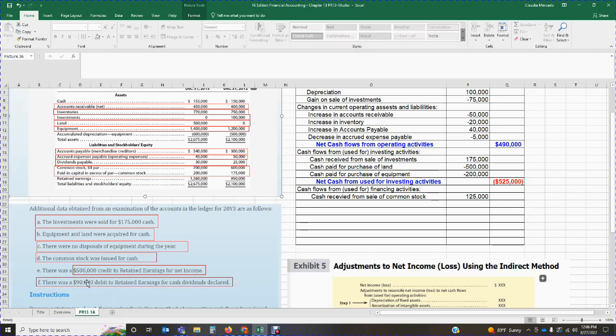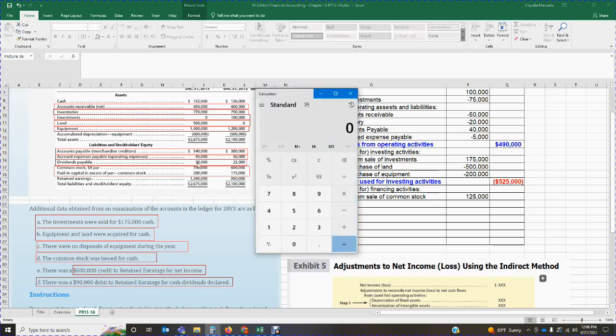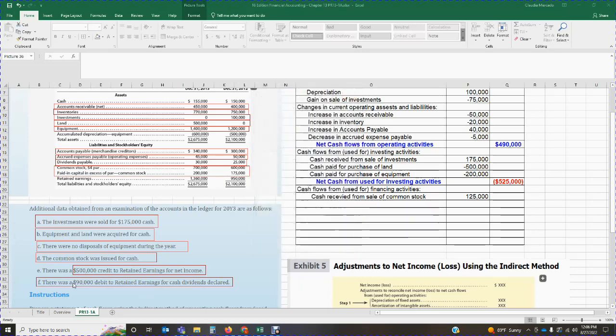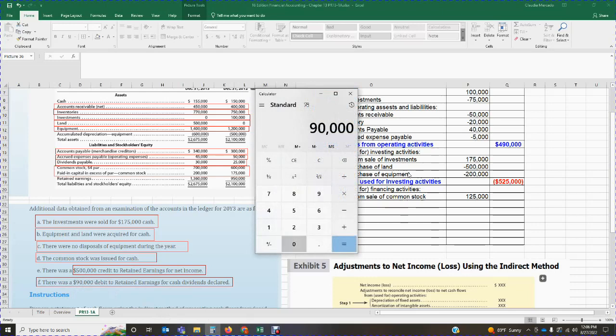I only paid 85,000, which is the 90,000 minus the 5,000 put into my dividends payable account.